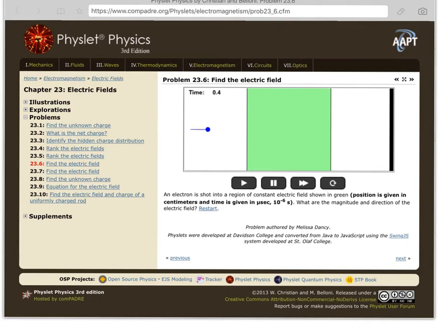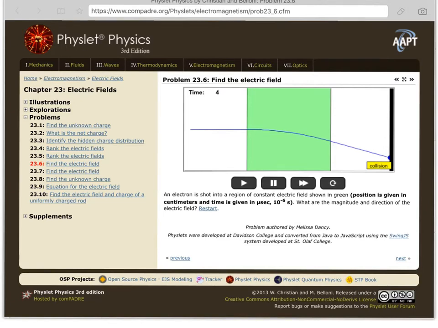Once again, more of the same. Only this time you don't have the velocity information, but you do have the cursor, which gives you the position information. So remember that equation number 3 is what you want to get the acceleration and get the field.